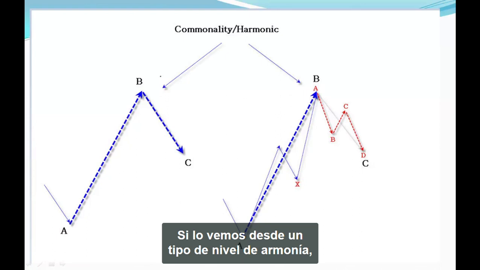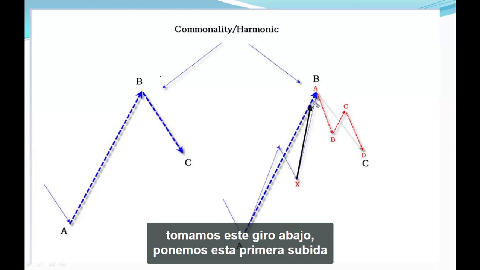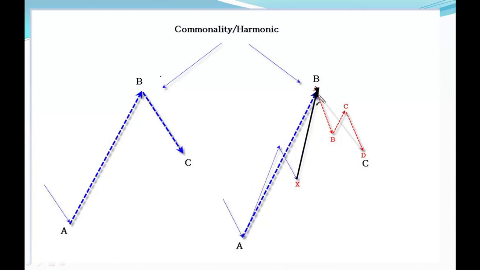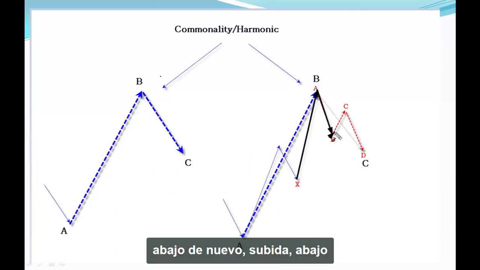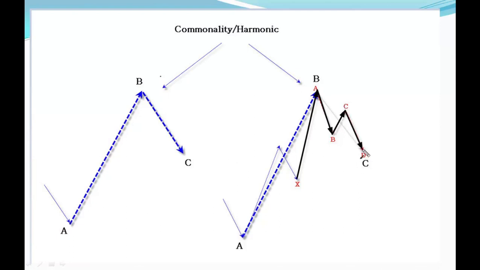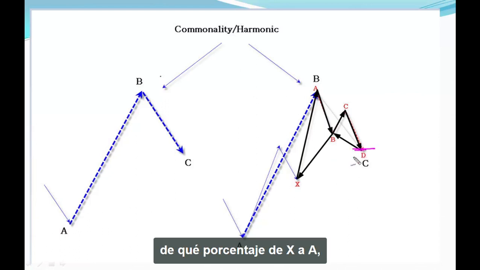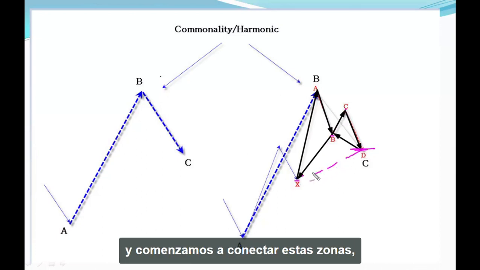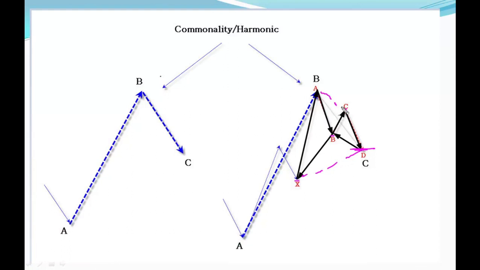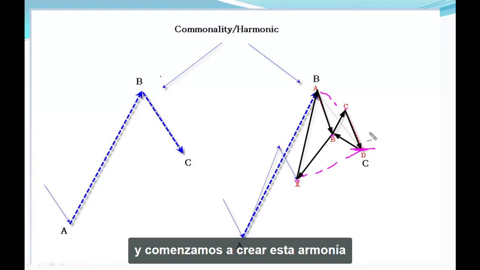So if we look at it on a harmonic level, we take this swing down, we put in this first rally up, pull back down, rally, down, and then we start looking at this in terms of levels of what percentage from X to A, what percentage from B to C down to D, and we start connecting these zones and creating these harmonics, whether it's a Bat or a Gartley, and they come into play also.